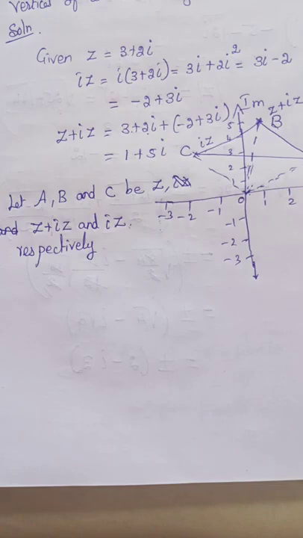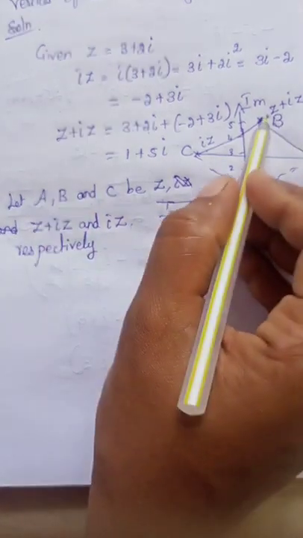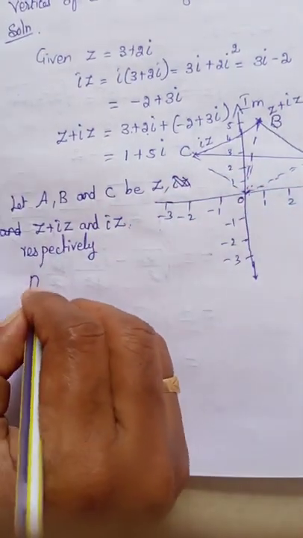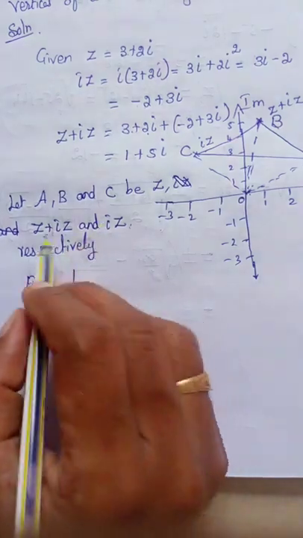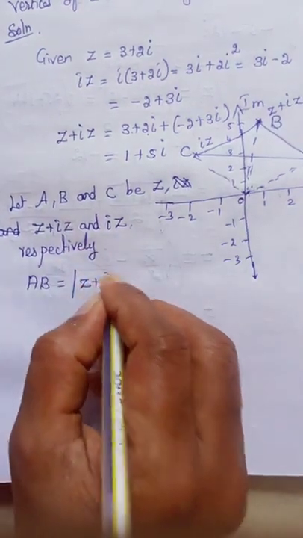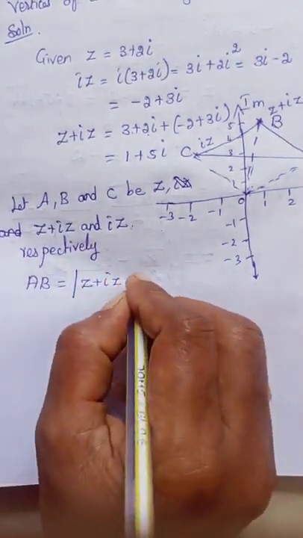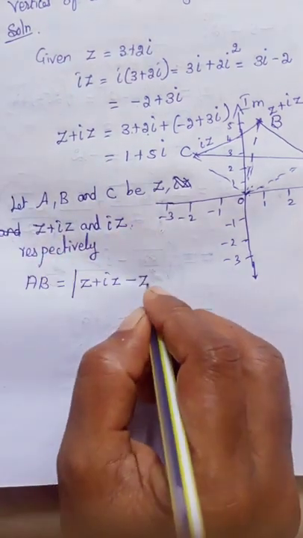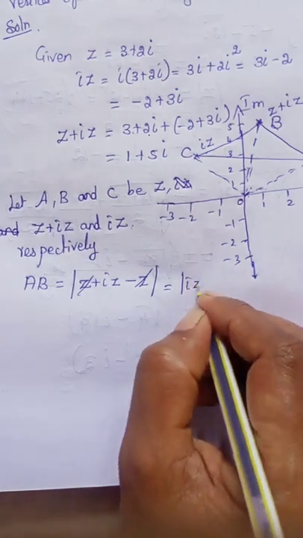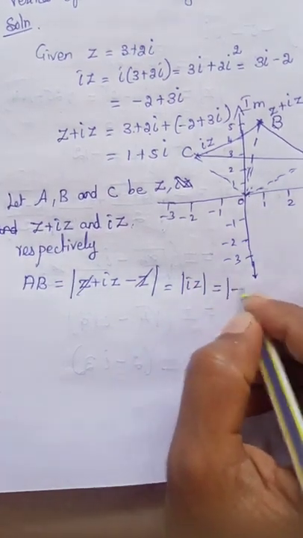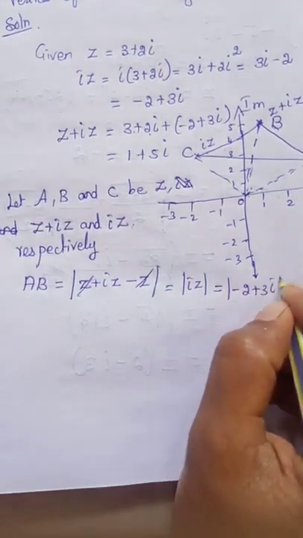Now we should find the distance between all the vertices. AB means B value Z plus iZ minus A, the value of A is Z. So only iZ, whose value we know is minus 2 plus 3i.